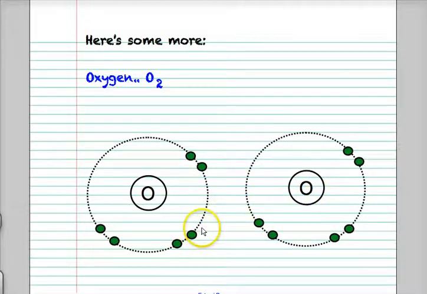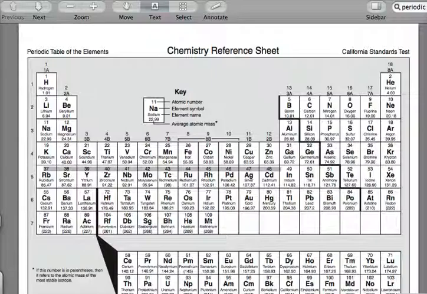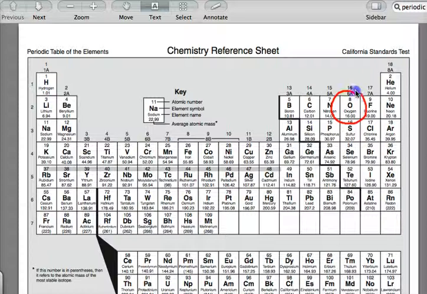Now we can see from this diagram why that happens. Now oxygen is in group 6 over here. So we know that being in group 6, it has two spaces in its valence orbital.